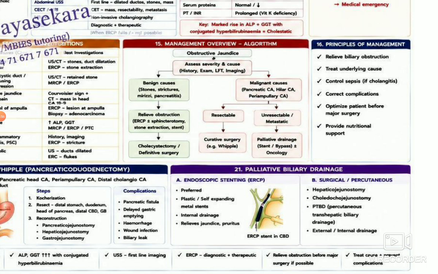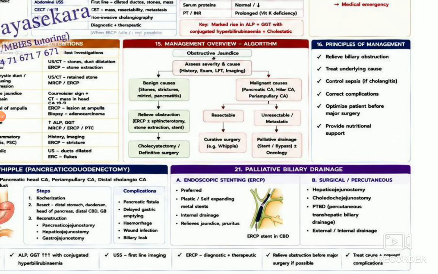Then the palliative biliary drainage. Now not every patient is suitable for the curative surgery. Why? Many patients present late with metastasis, vascular invasion, and unresectable tumors. Goal of palliation. Now the goal is not the cure.